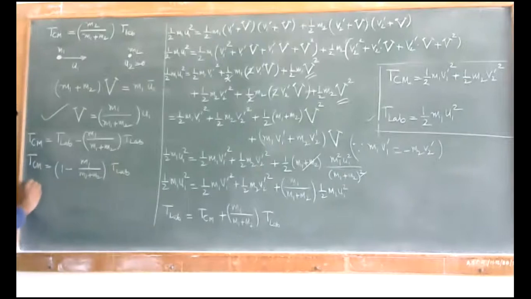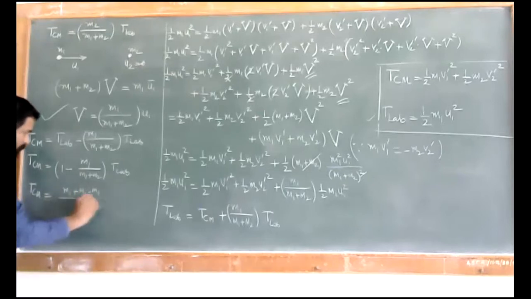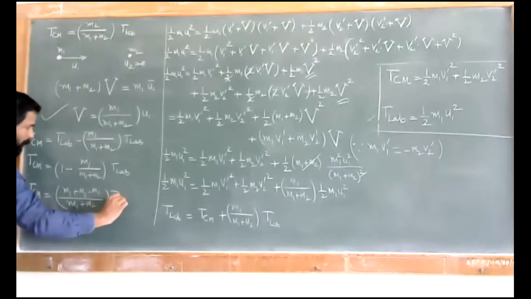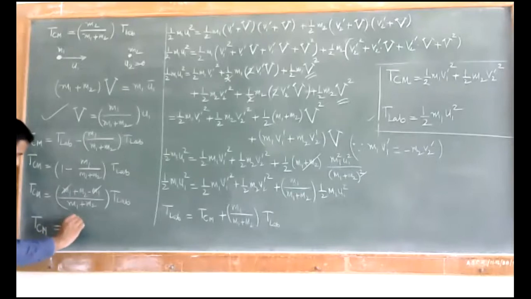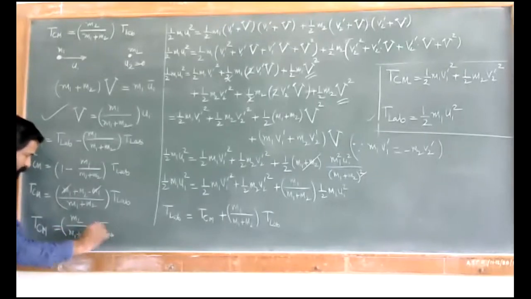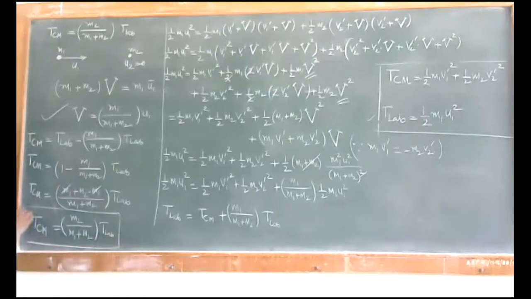So T CM comes out to be m1 plus m2 minus m1 divided by m1 plus m2 multiplied by T lab. And m1 gets cancelled out, and we can write the kinetic energy of the particle in the center of mass frame as m2 divided by m1 plus m2 multiplied by the kinetic energy in the laboratory frame. So that is our result.